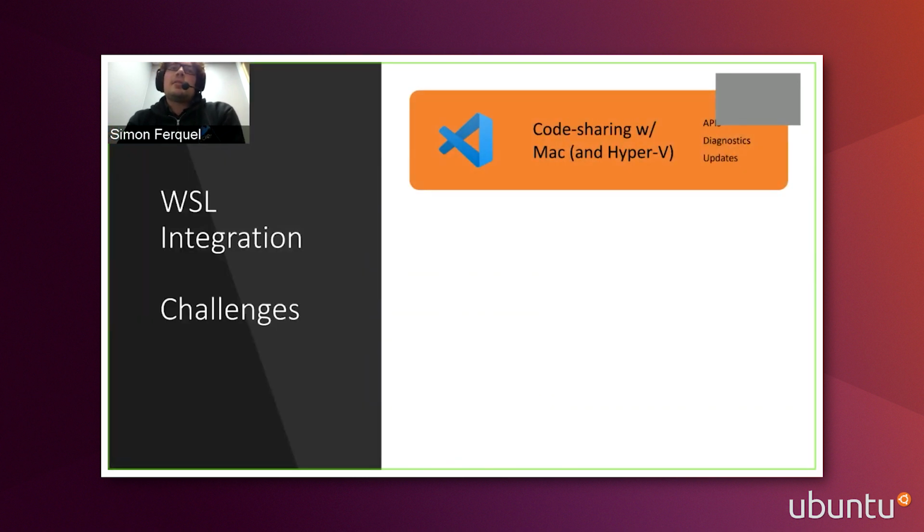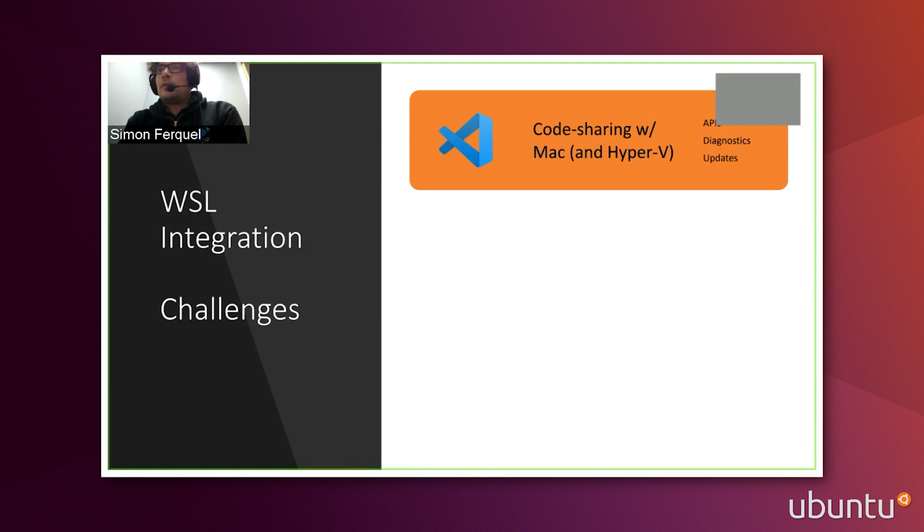And so when we designed the WSL integration, we had a few challenges to tackle. First one is how to maximize code sharing with Mac and Hyper-V. And by code sharing, I mean trying to have a single implementation of the lifecycle server API, of the diagnostics, as well as a single code path for updating from one version to the other.